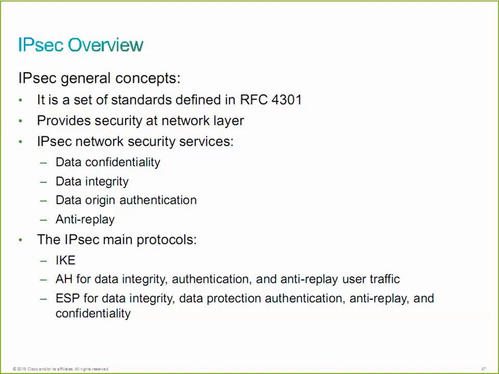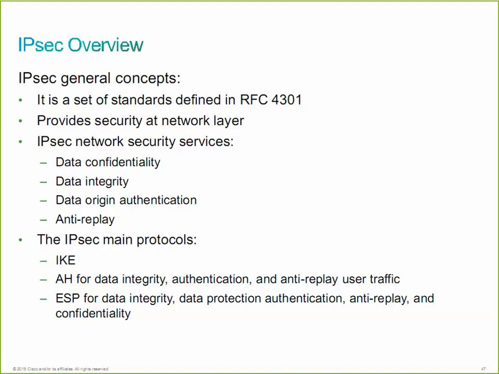If I'm using AH or ESP, protection gets applied to the traffic stream. Now, a traffic stream is very rarely something that only happens in one direction. SAs are created per direction. So in an IPSec session, you would have 2 or more SAs created to provide protection for that particular traffic stream.